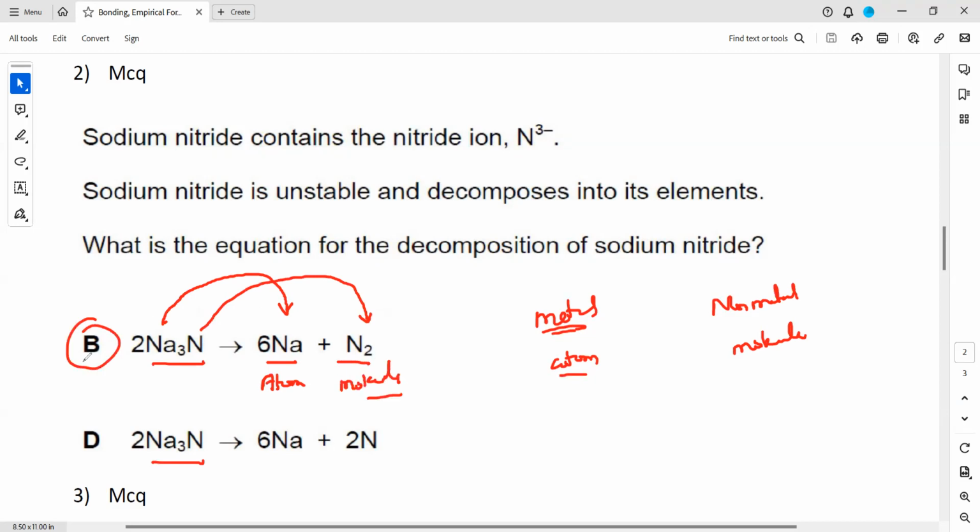So it should be B. Why not D? Because D is producing both sodium atom and nitrogen atom. Whenever an element exists in its elemental state, a metal exists as an atom, in a metallic structure, whereas a non-metal exists as a molecule. Is it clear? Any doubt in this?